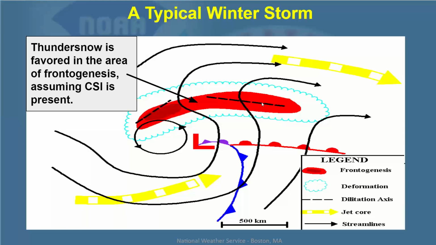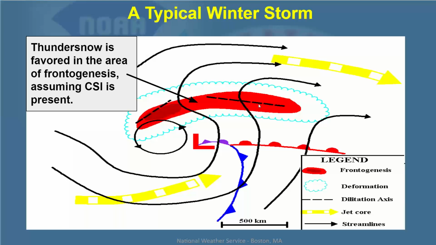In a winter storm, giving you more of a real life case study, you have warmer air overrunning colder air. The warmer air, because it's less dense, gets pushed over the more dense colder air, and the areas where they interact with each other, that's your area of frontogenesis.